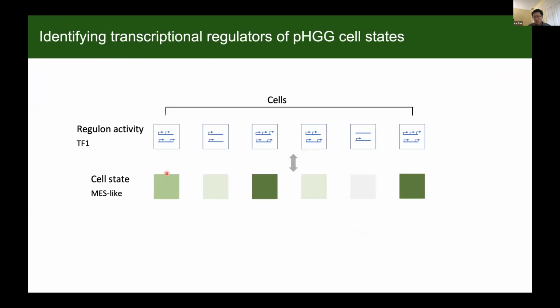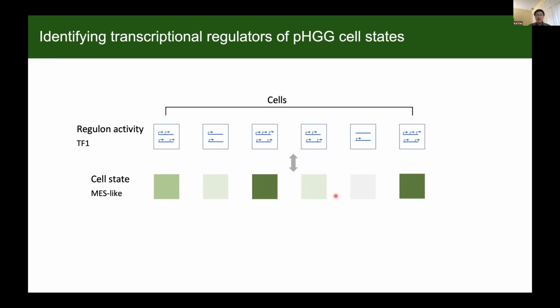And then the next question we are very interested in is to identify the transcriptional regulators of these different cell states, because then these regulators might be a better target to really reverse these cell states after therapy. So for this, we take advantage of our ATAC-seq data and combine that with our RNA-seq data.